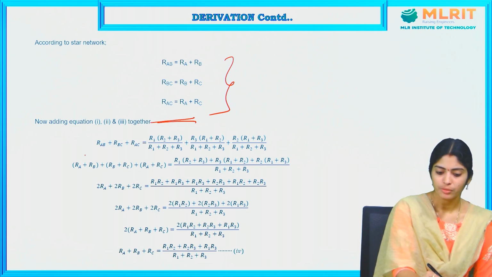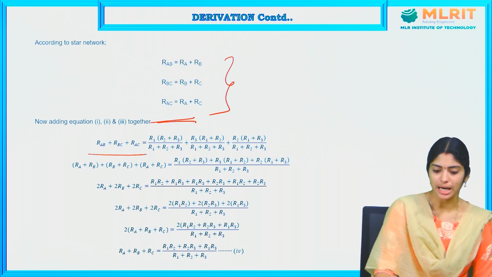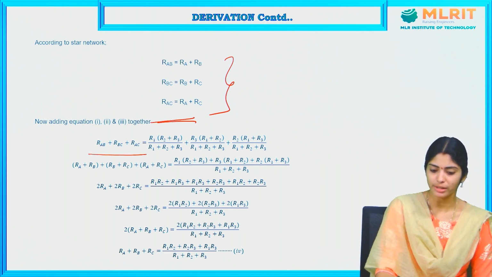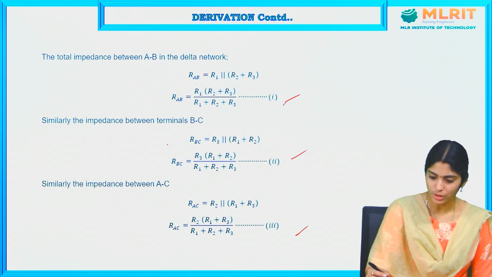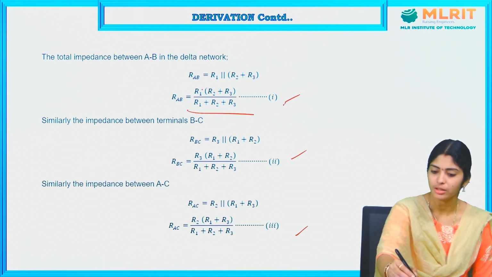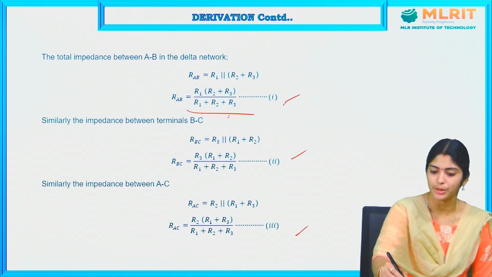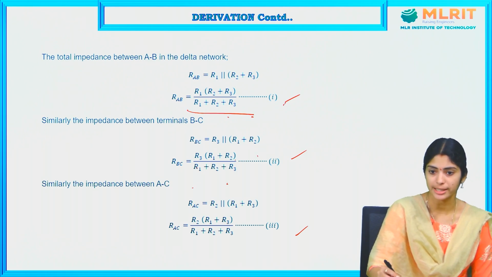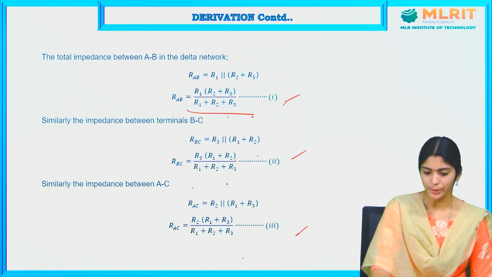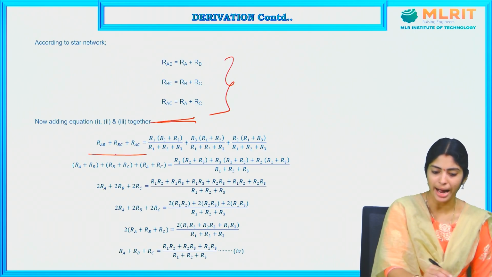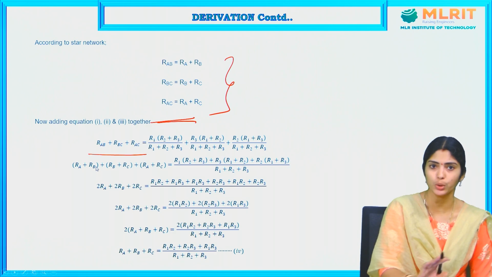So RAB plus RBC plus RCA is equal to the previous values which we got: R1 of R2 plus R3 by R1 plus R2 plus R3, plus R3 of R1 plus R2 by R1 plus R2 plus R3, similarly R2 of R1 plus R3 by R1 plus R2 plus R3. So I am adding equations 1, 2 and 3 together.